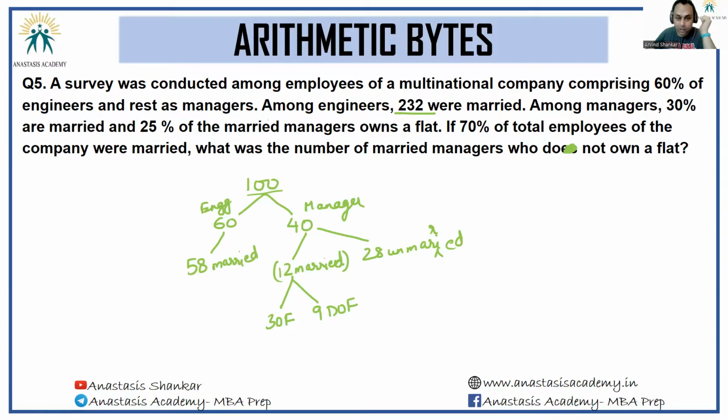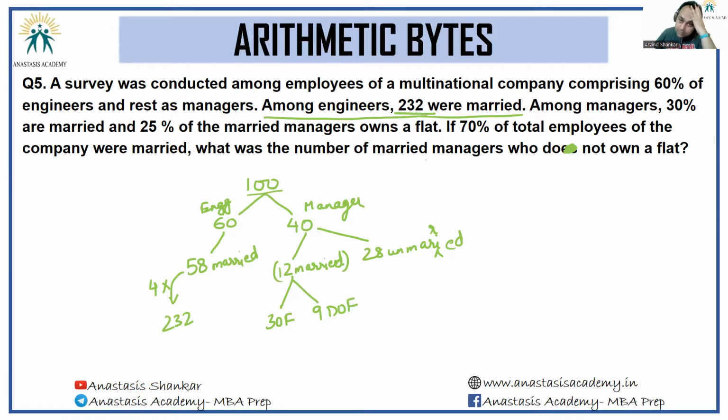But we were told among engineers, 232 were married. See, in order to turn 58 into 232, what do you have to do? You have to multiply this by 4, which would mean every number within this setup deserves to be multiplied by 4. You have to scale it up.